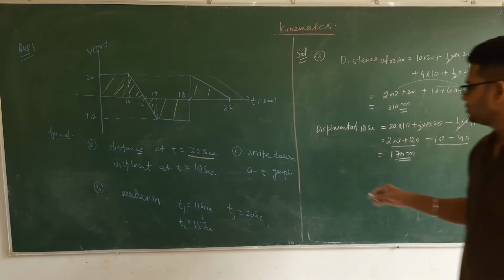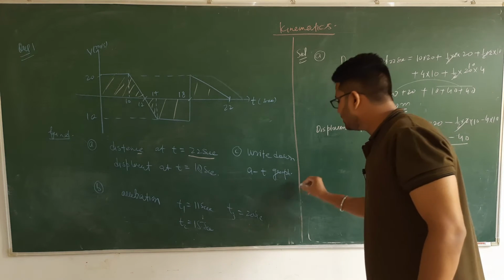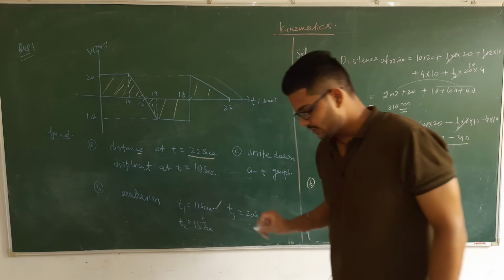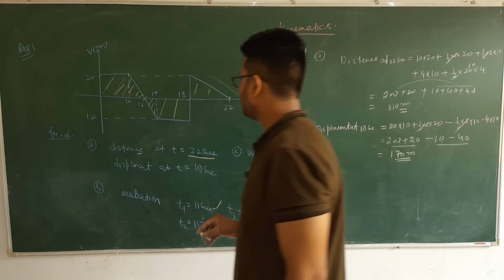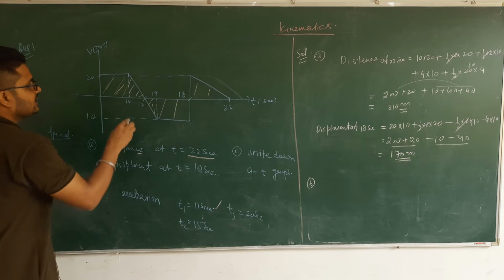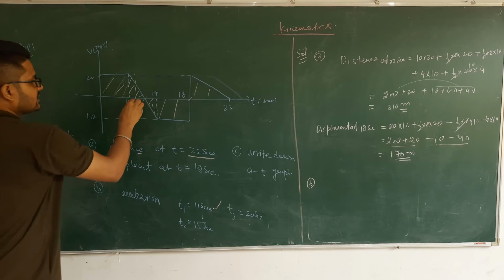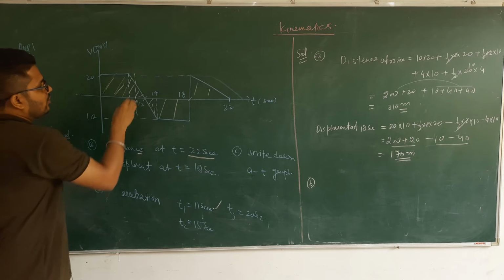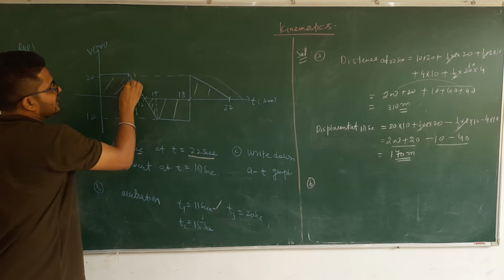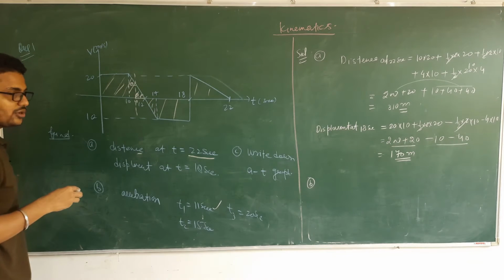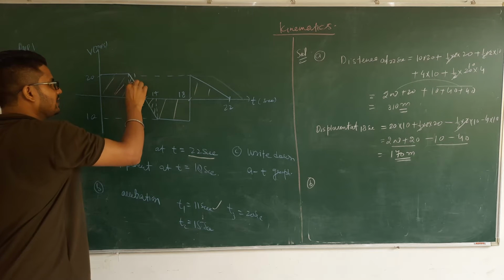Okay, question number B. What is question number B? Question number B is acceleration at 11 second. So first of all we have to find where is 11 second. I think there is 11 second. Okay, this is 11. Okay, so the slope of this graph, angle theta, or here angle theta will be the same because this is a constant slope graph.